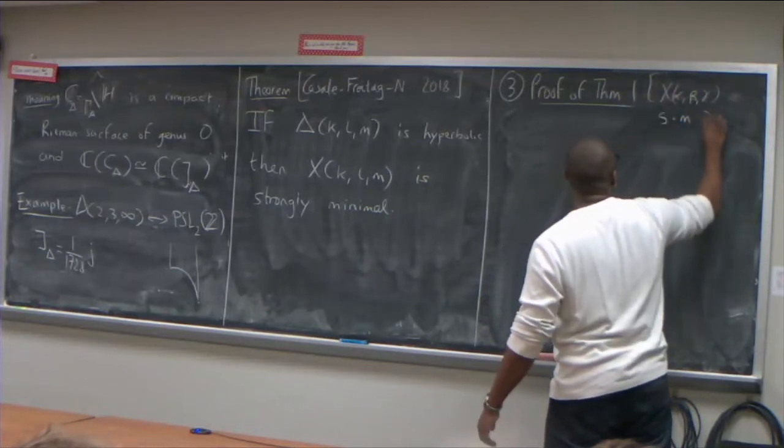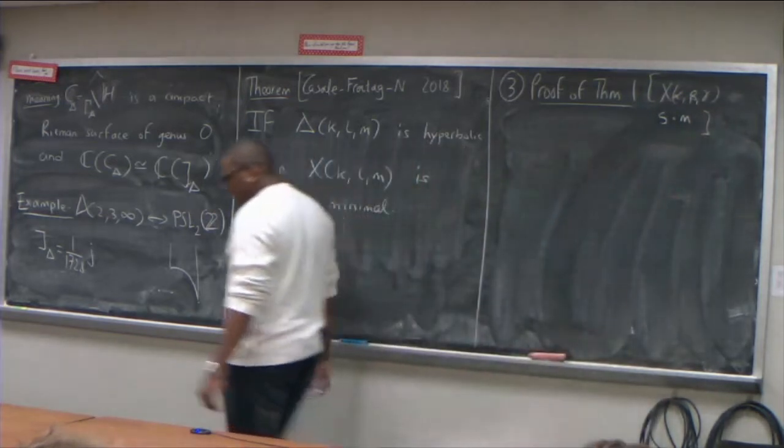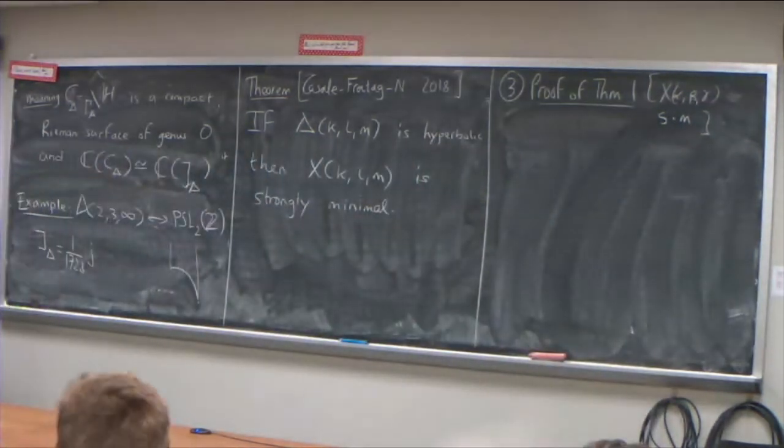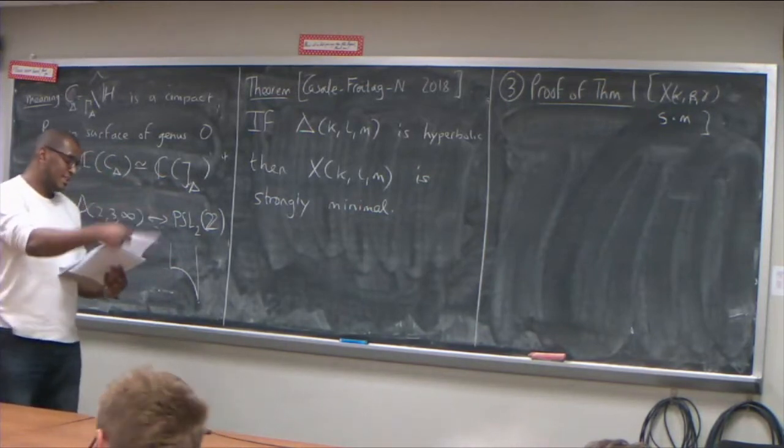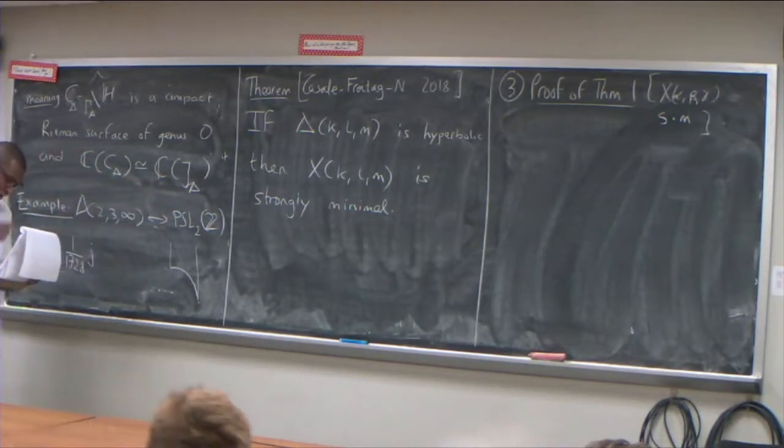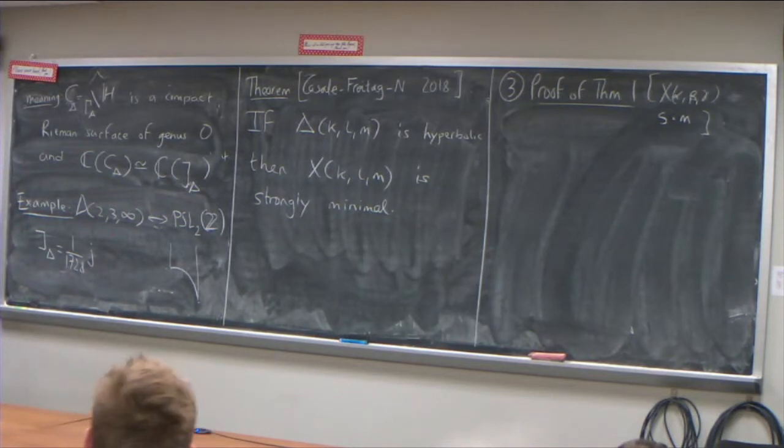So that's what we do. Okay, and as I said, this boils down to a sort of descent argument that we looked at when we first looked at the generic Painlevé equation.